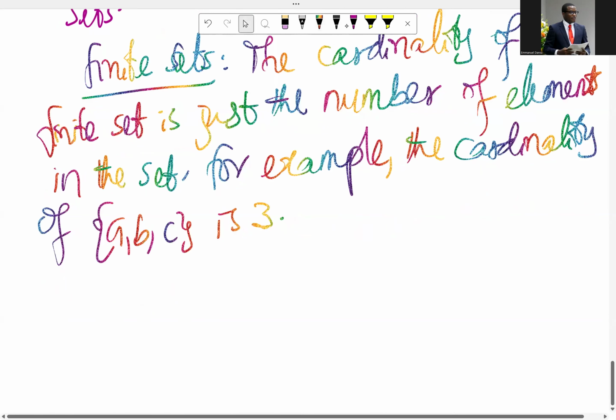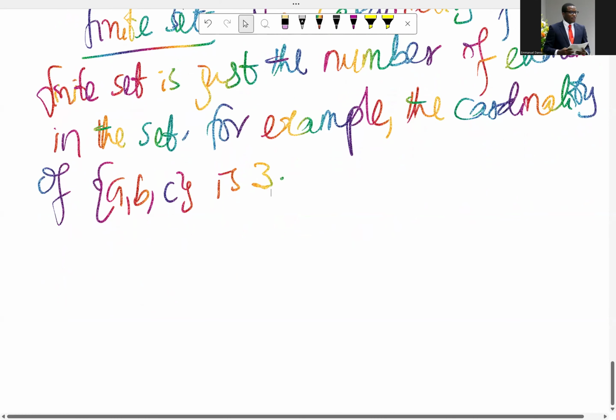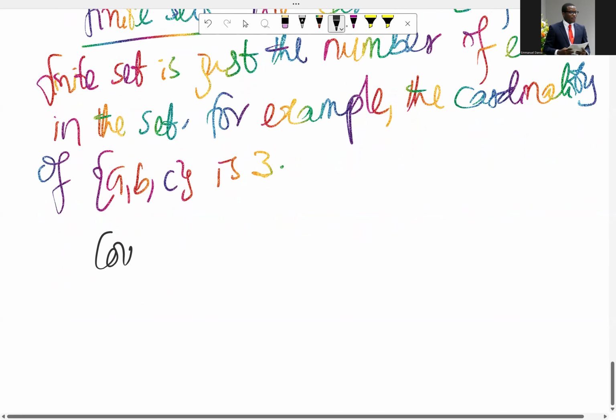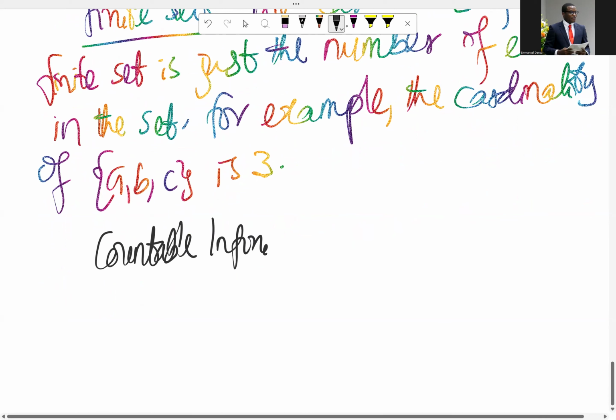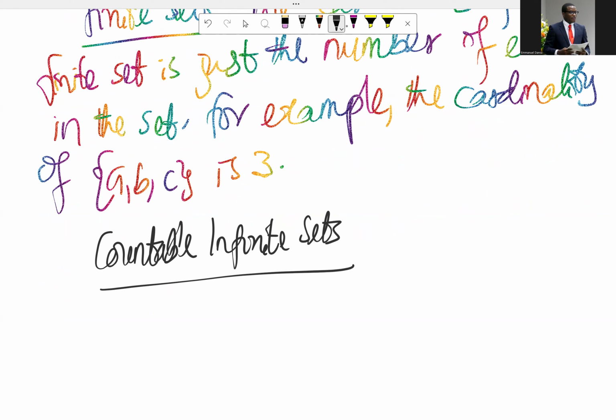What if we talk about countable infinite sets? We already talked about countability and uncountability. So the sets are infinite, right? But they are still countable. That means that we can list them in such a way that we can match them with natural numbers.